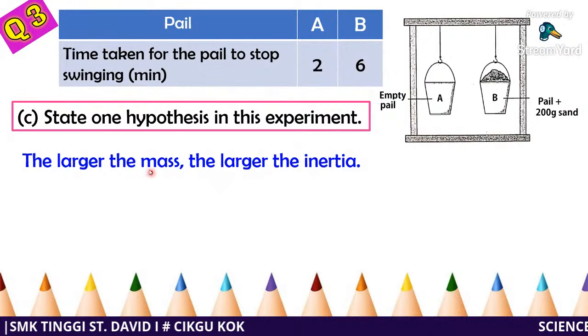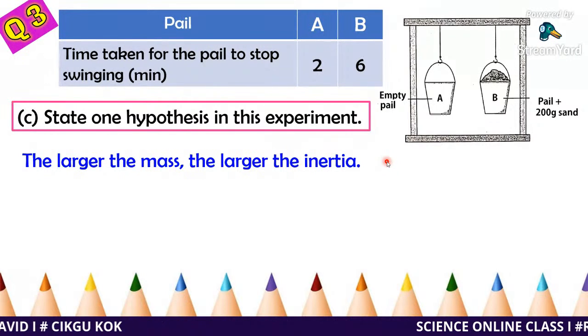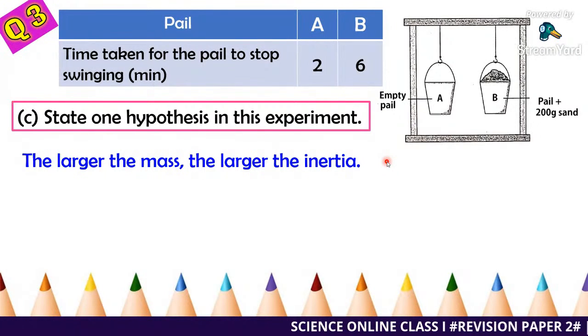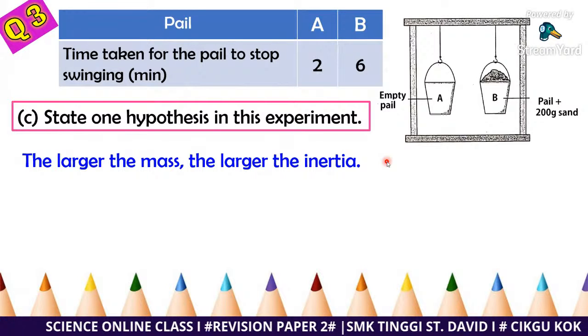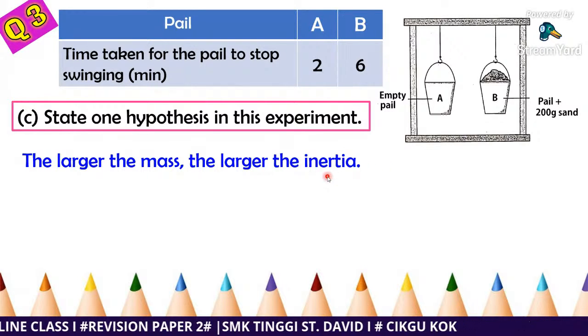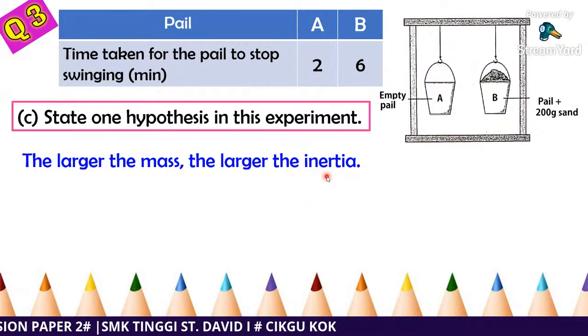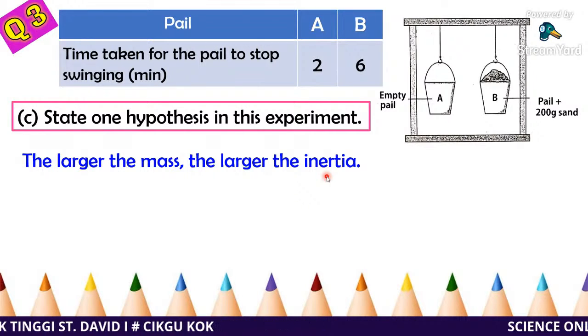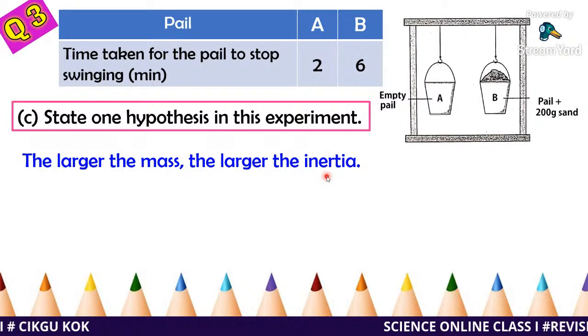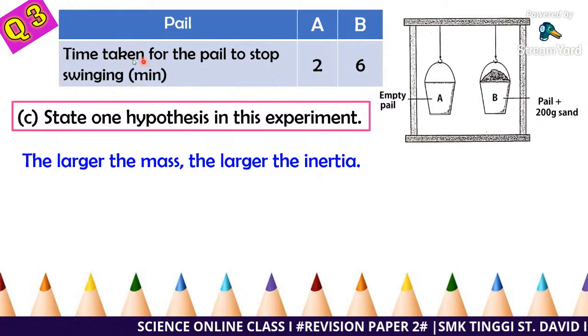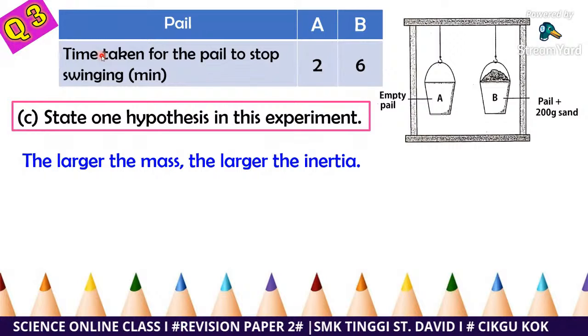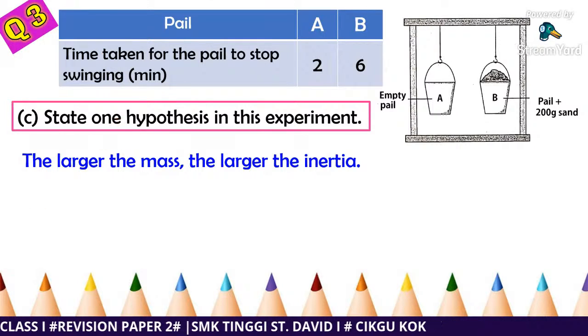So I can say when the mass increases, the inertia also increases. So this is a hypothesis. The earlier one was a conclusion, where we changed the time taken. That one is an observation. For the hypothesis, there is a little change from the observation. Observation means you refer to the table. For the hypothesis, you convert the time taken, which is actually the inertia.